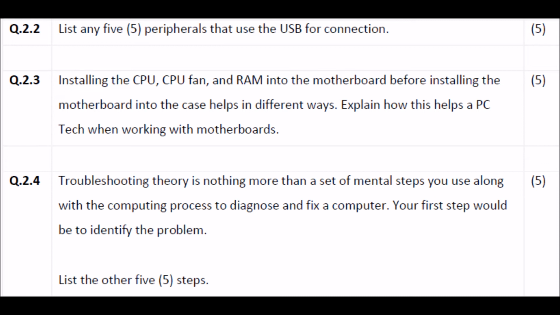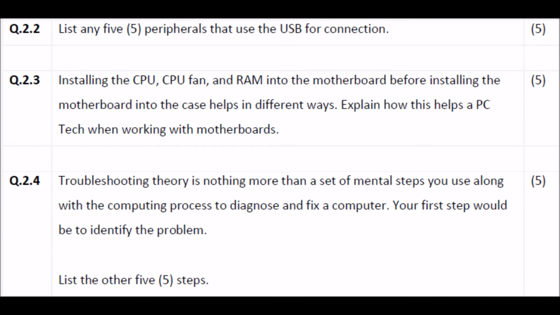Remember, we've mentioned before, any peripheral device is something that complements the whole computing system. So anything extra, your keyboards, your mice, your printers, your scanners, all complement or complete the computer system or your system unit.